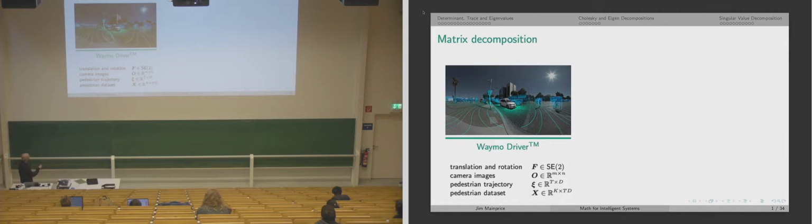As I said, translations and rotations are represented by matrices, so elements of SE, or actually SE2. SE2 is for the car, because the car is translating and rotating on the plane. And camera images are matrices, so that should be clear, right? Actually, only grayscale images are matrices.